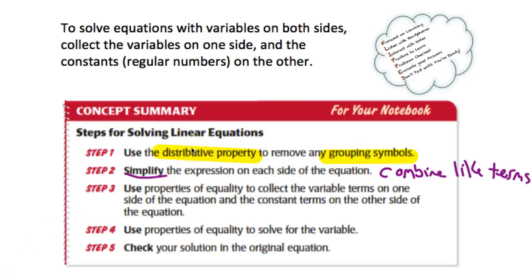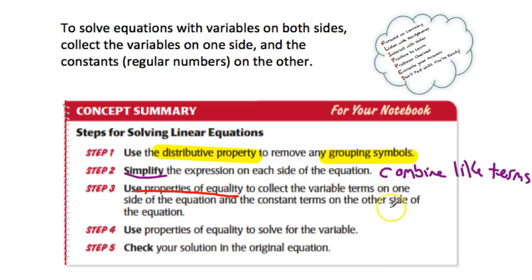The next step is using properties of equality to collect variable terms on one side and constant terms on the other side of the equation. So the properties of equality mean if you multiply one side times 5, you need to multiply the other side times 5. If you subtract 5 from one side, you need to subtract 5 from the other side.